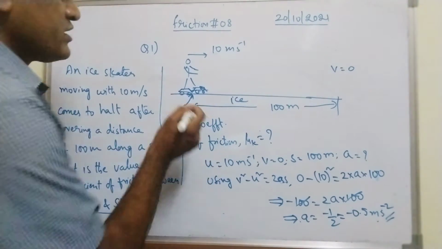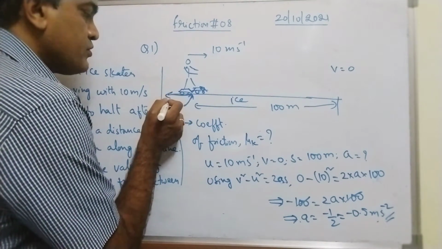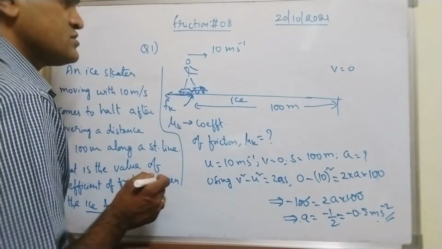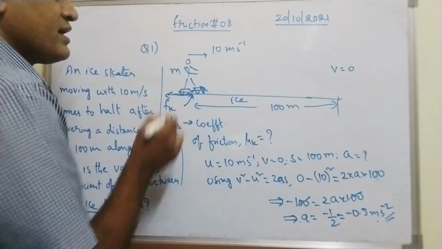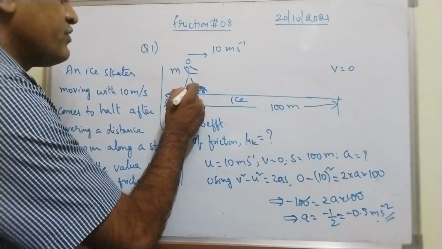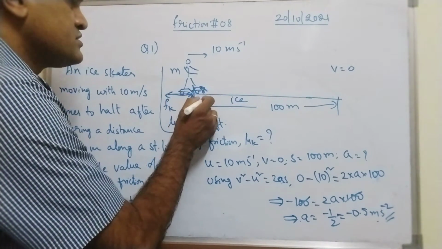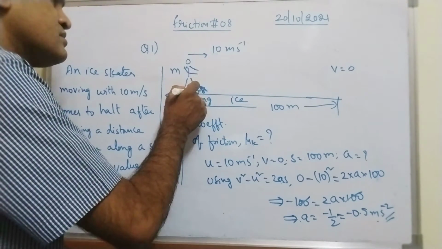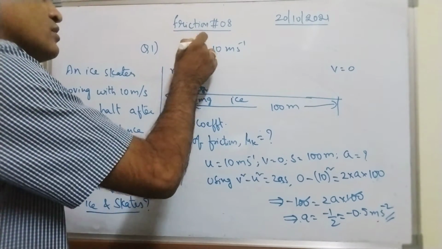Fine. So here frictional force will be acting in the opposite direction. This is frictional force. If mass of the man along with skates is m, then his weight will be acting vertically downwards. This weight is balanced by normal force.